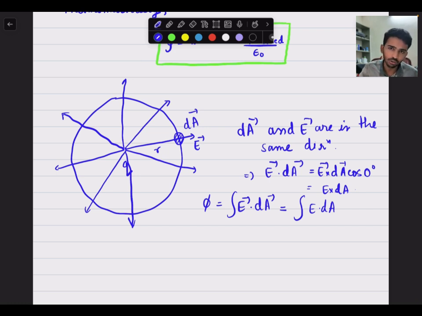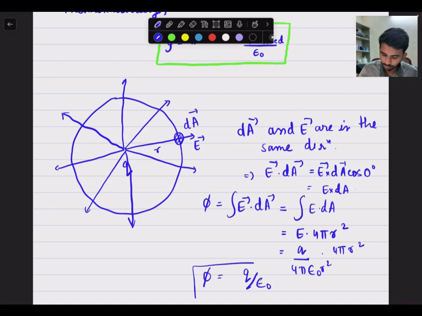So we can bring the E out of the integral, and integral dA is nothing but the total surface area of the sphere, which is 4 pi r square, and the electric field due to this charge is given by q by 4 pi epsilon naught r square, into 4 pi r square. So this gives us flux through this surface is nothing but q by epsilon naught. So we now have verified that the Gauss law is giving a correct result.